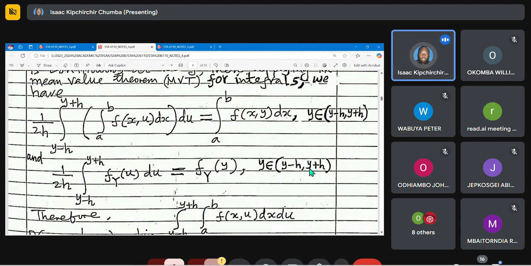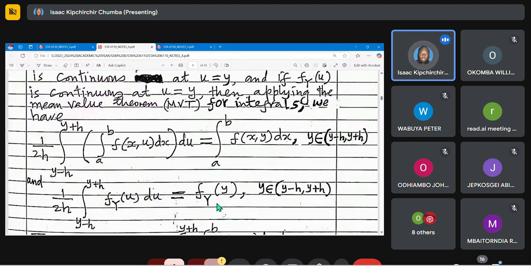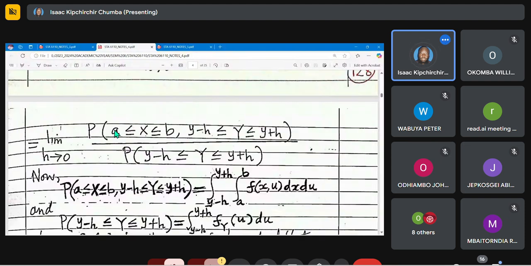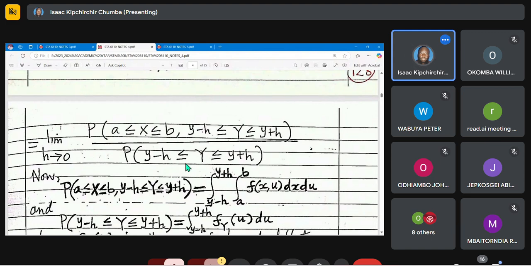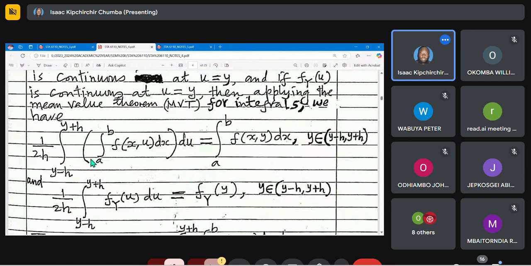You can see you're evaluating the function f of y of u at y, you get f y of y. So we have used the mean value theorem for integrals again. So you are evaluating the numerator and the denominator using the mean value theorem for integrals, and we have the results here.